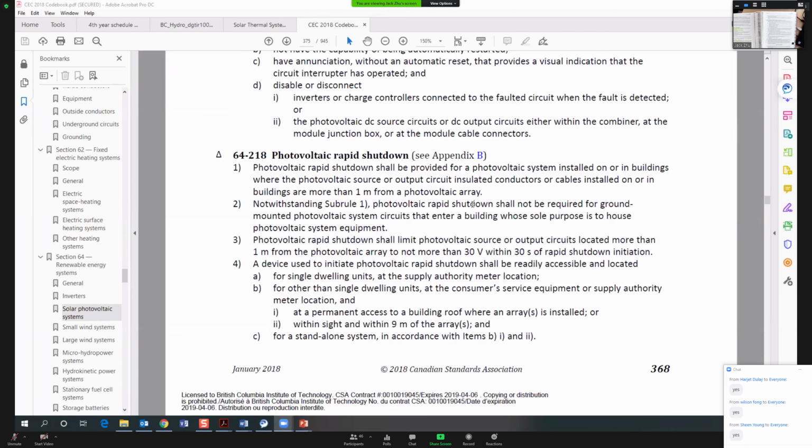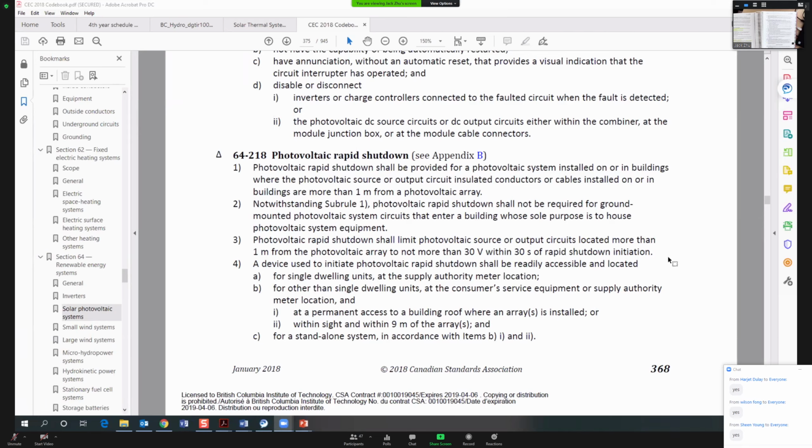Subrule 2, rapid shutdown shall not be required for ground mount photovoltaic system circuits that enter a building whose purpose is housing the system equipment. Subrule 3, photovoltaic rapid shutdown shall limit photovoltaic source or output circuits located more than 1 meter from the array to no more than 30 volts within 30 seconds of the rapid shutdown initiation.